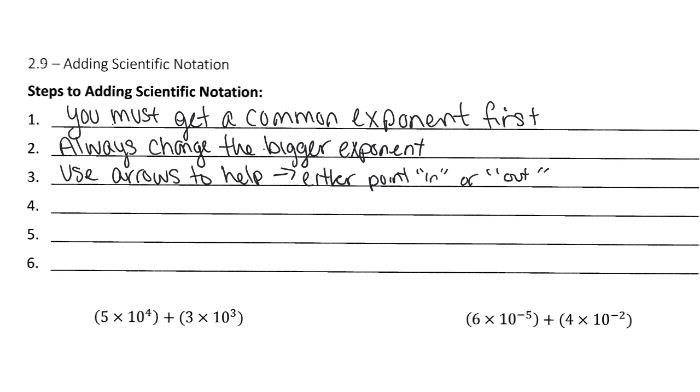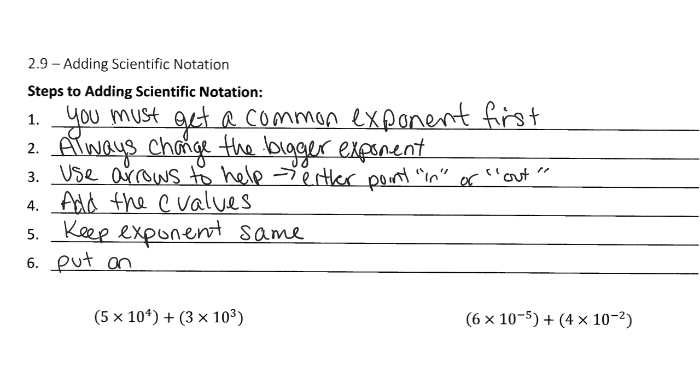After we put our arrows and figure out how many times we need to move that decimal place, now we're going to add the C values. We're going to keep the exponent the same. And then we're going to put our answer in scientific notation.